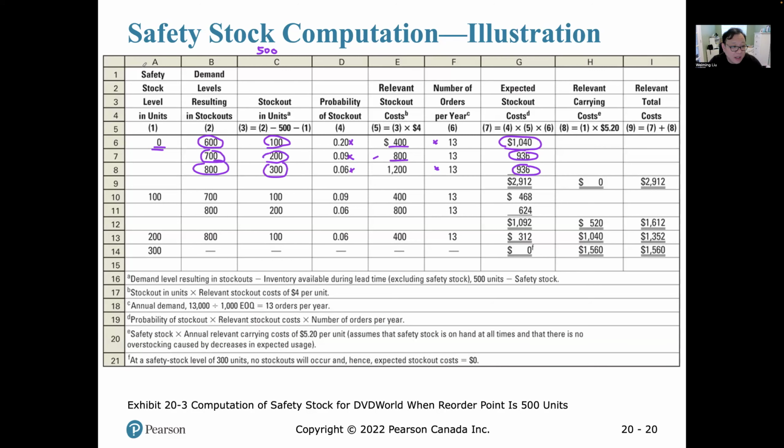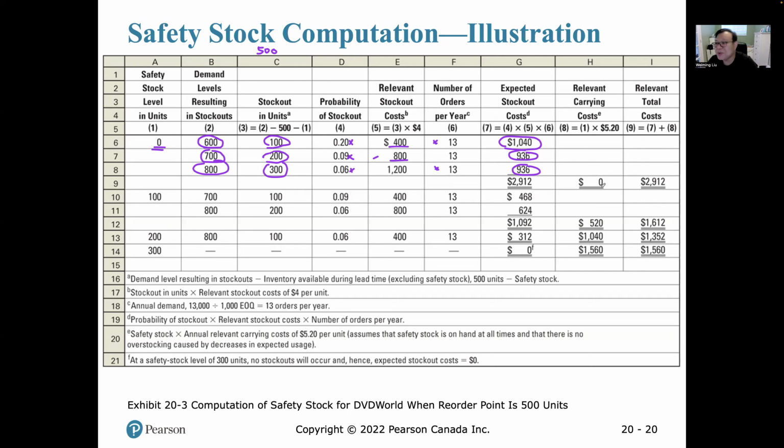So the idea is if your safety stock level is 0, the expected cost is $29.12. This is the cost you have to deal with because the sales increased and you don't have enough inventory.